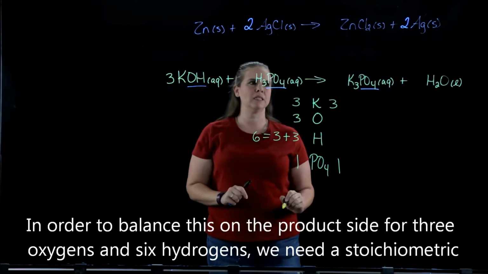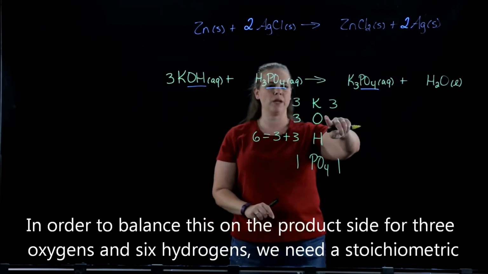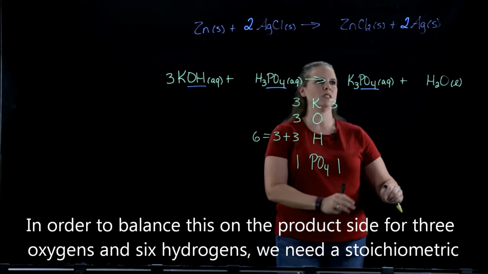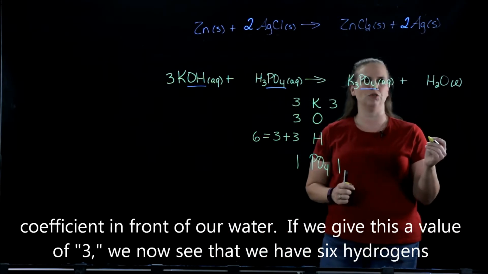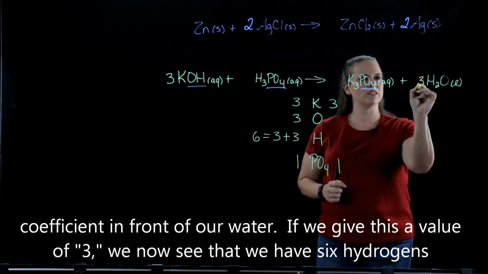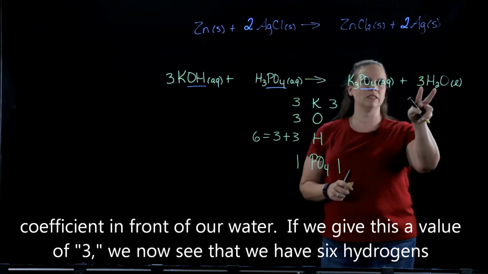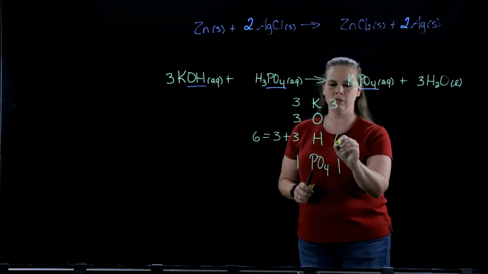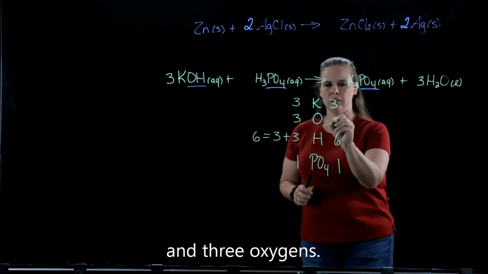In order to balance this on the product side, for 3 oxygens and 6 hydrogens, we need a stoichiometric coefficient in front of our water. If we give this a value of 3, we now see that we have 6 hydrogens and 3 oxygens.